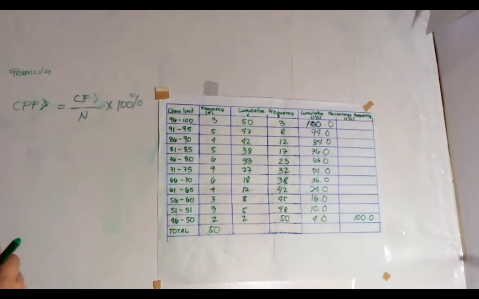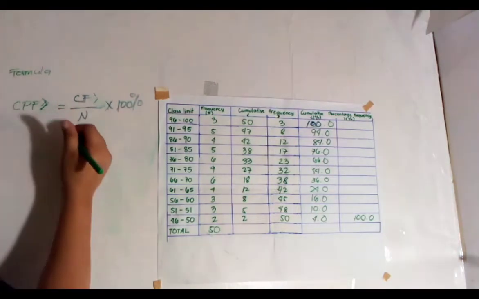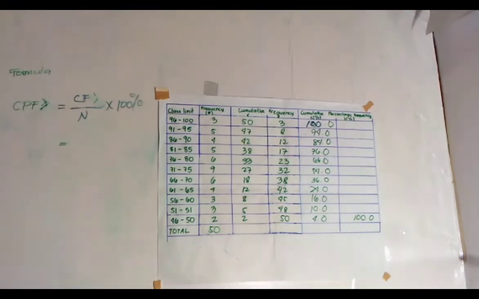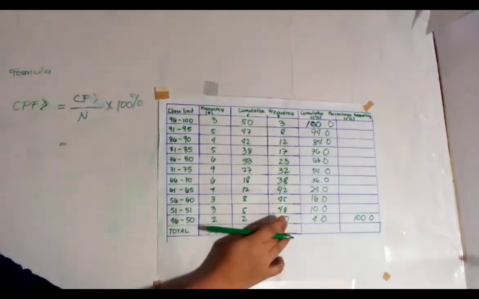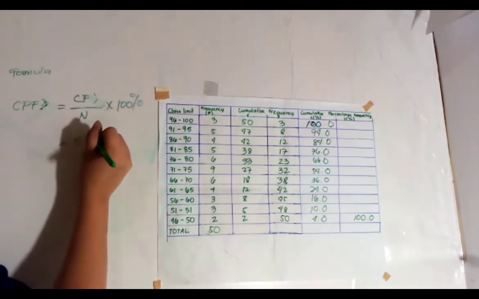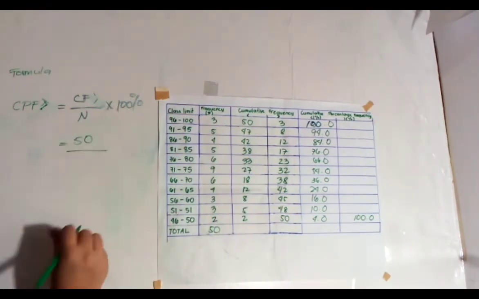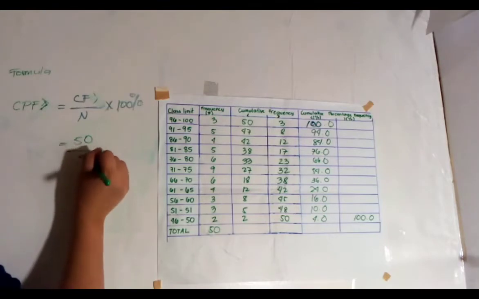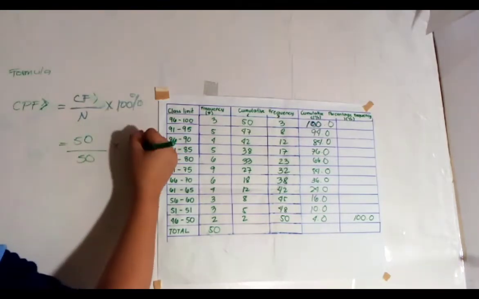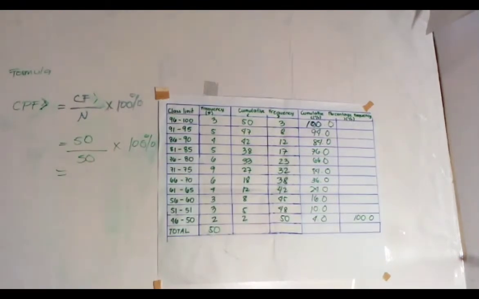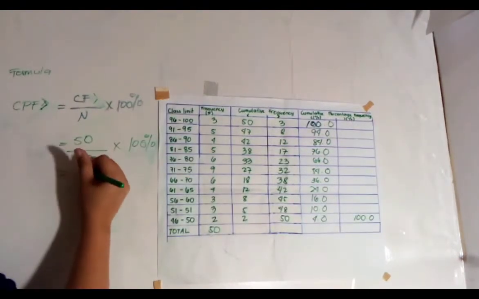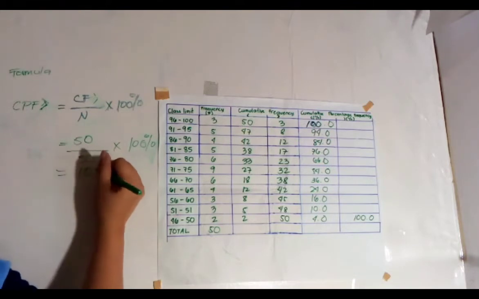So in the cumulative frequency greater than, we have 50. So we will write 50 here, over the number of cases, we have a total of 50 times 100%. So 50 divided by 50 times 100 is equal to 100%.